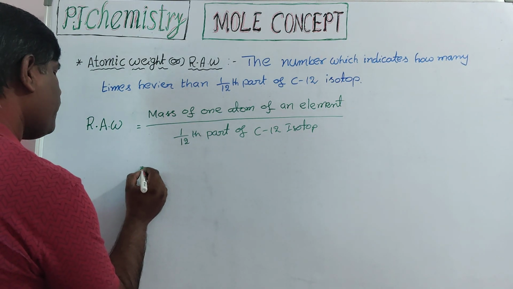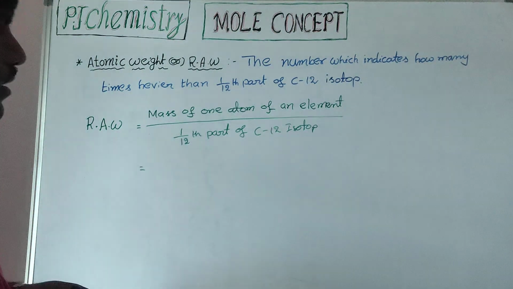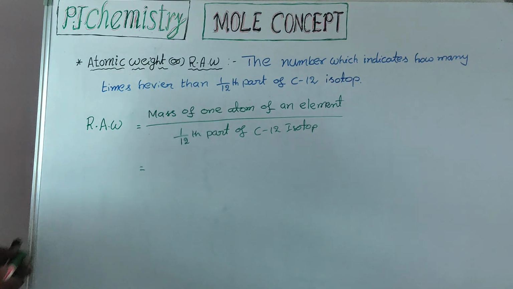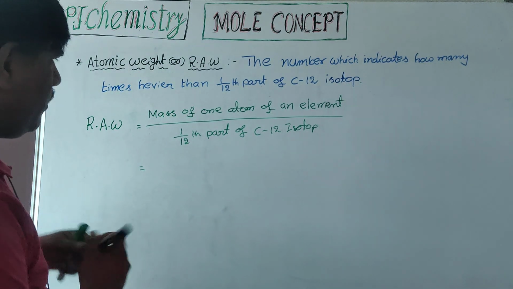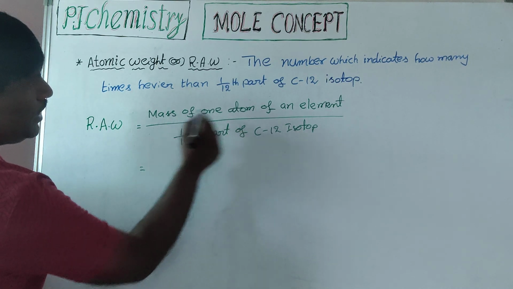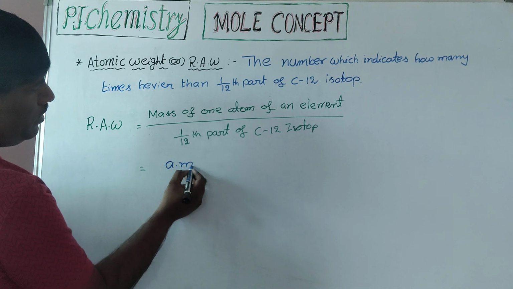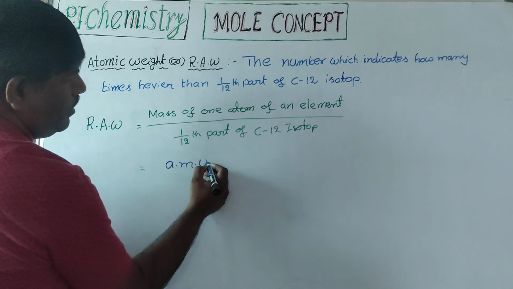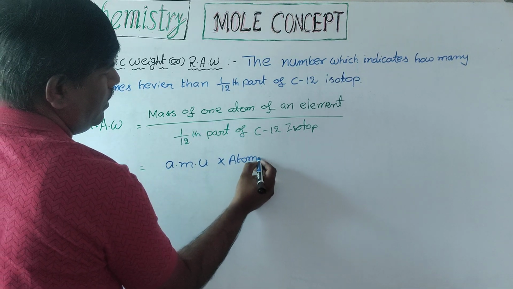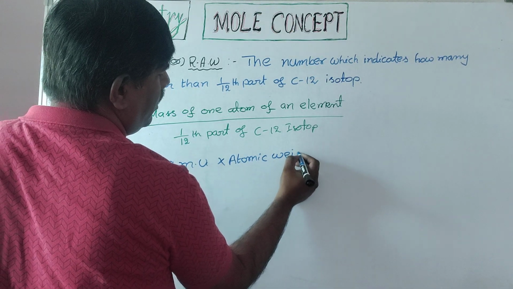Now, for the mass of one atom of an element, as per the previous video, we discussed the formula: AMU into atomic weight.